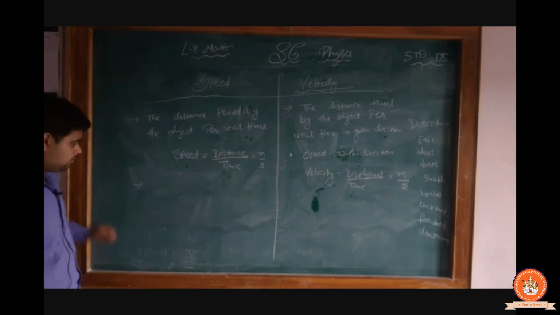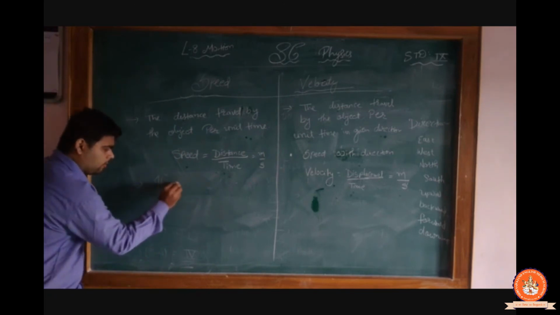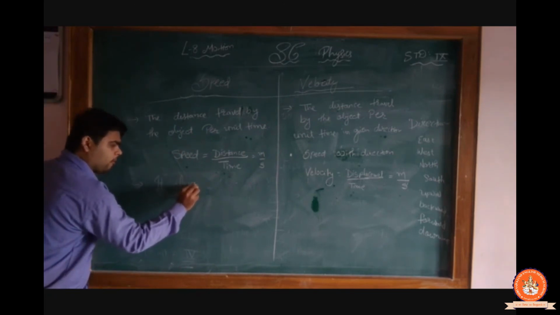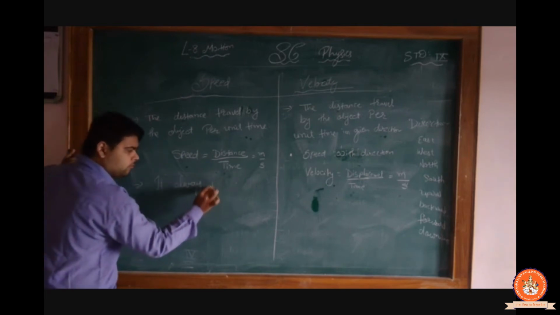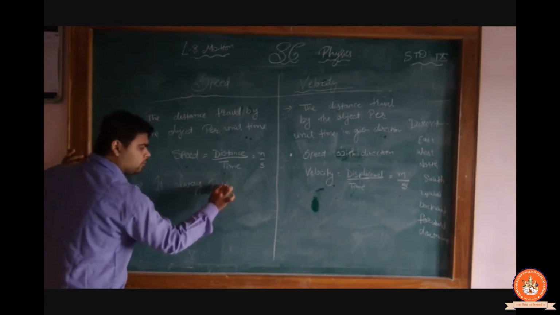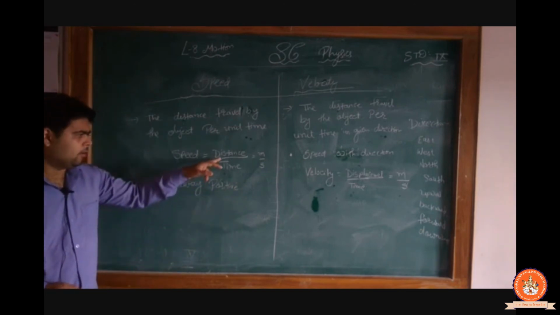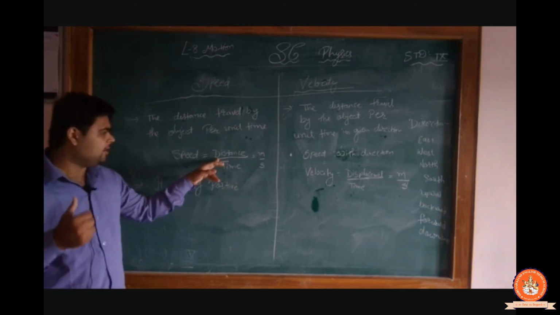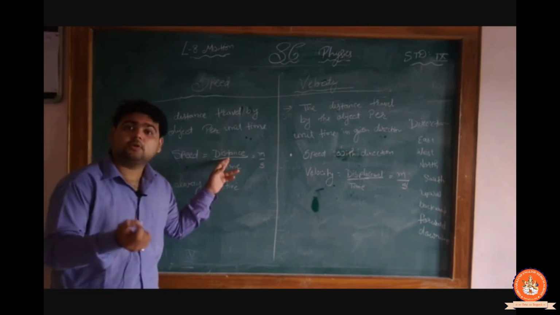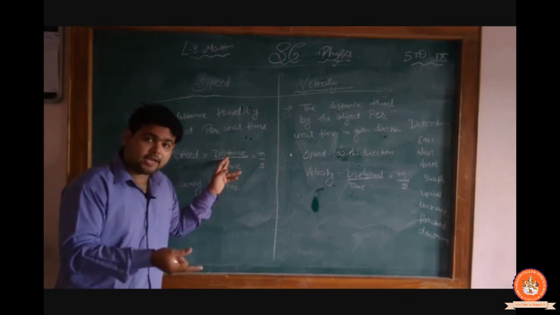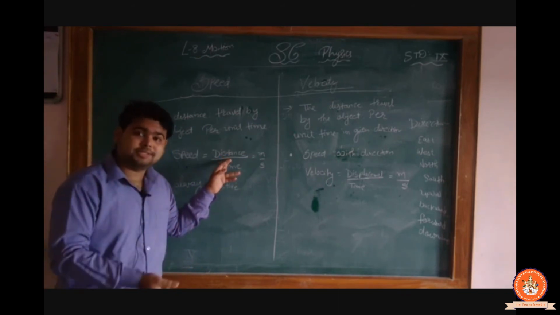Now, next point is what? Speed is always positive. Sir, how can we conclude? Okay, in the previous topic we discussed distance. The distance is always positive. It cannot be negative and it cannot be zero. Why?